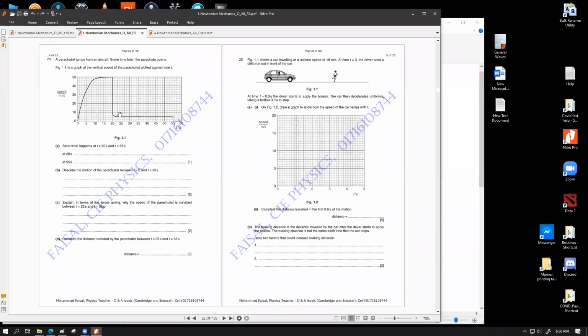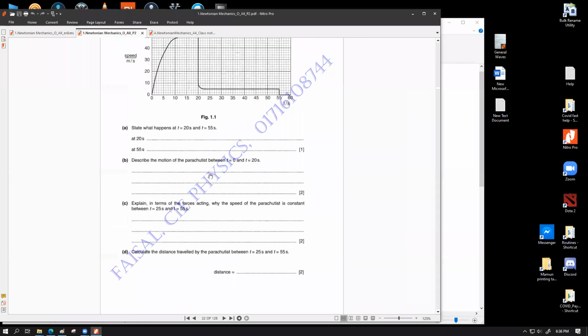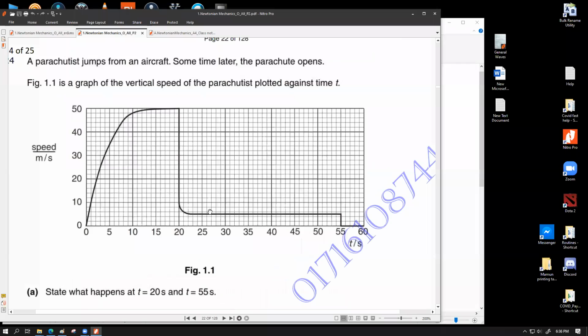Question 24, the graph that they have shown, I have some allergy with this graph. What they are showing over here is that this fall of the velocity is nearly vertical, as if the person is undergoing infinite deceleration for this part. This is highly unlikely.